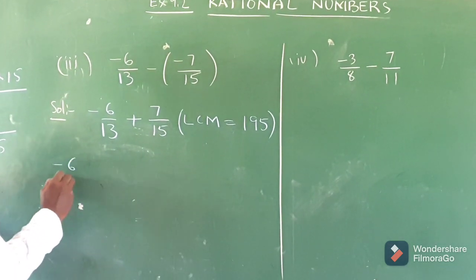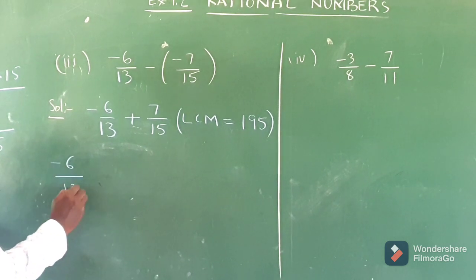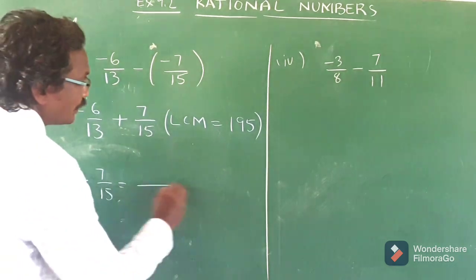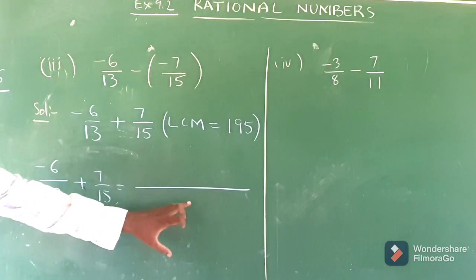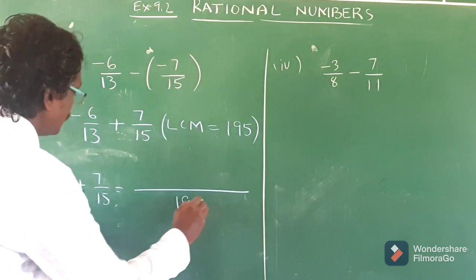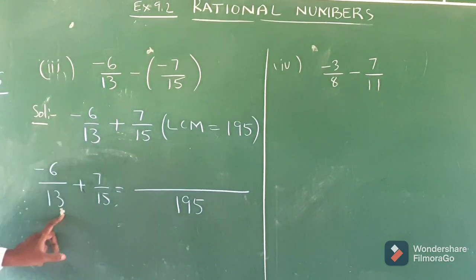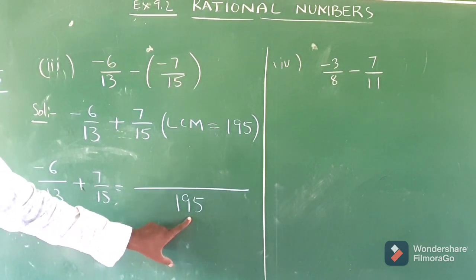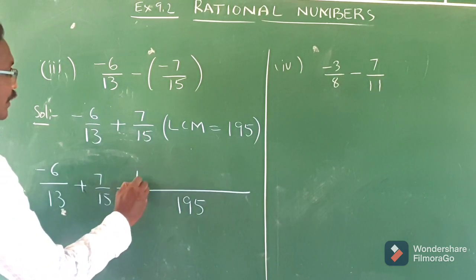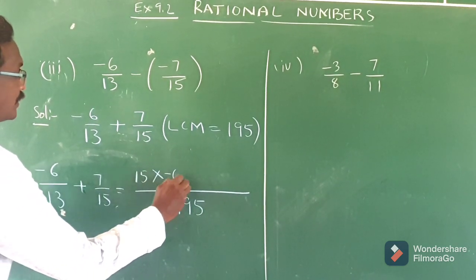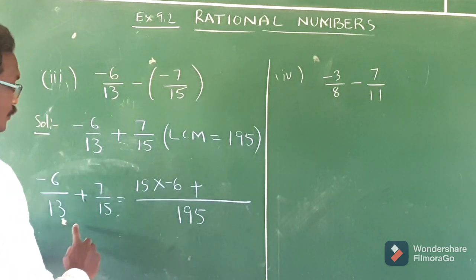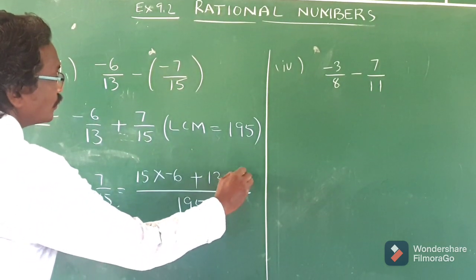Now write the same question: minus 6 by 13 plus 7 by 15, that is equal to division bar. Here in the denominator we have to write the LCM, so 195. Now 13 table, 195, how many times? 13 fifteens are 195, so 15 times. So 15 into minus 6, plus 13 into 7.